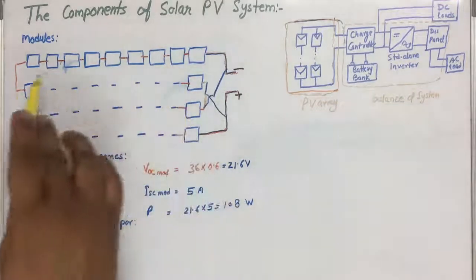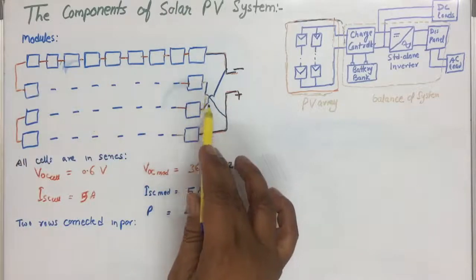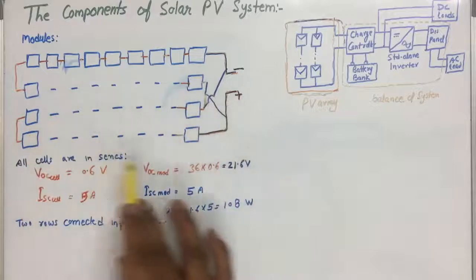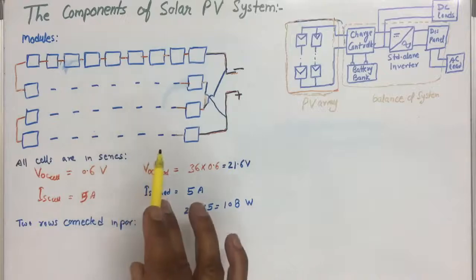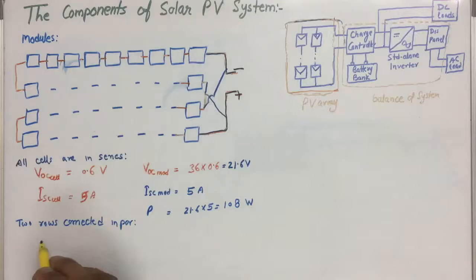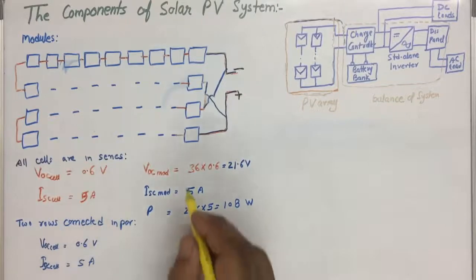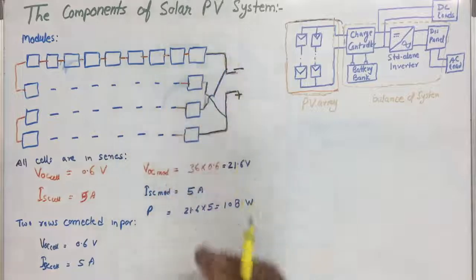In one row there are 9, two rows up to here they are in series, and for this 18 is in series. So 18 and 18, two rows are there, 18 connected in series and the two individual rows connected in parallel. The open circuit voltage of the cell will remain as it is, because that is the cell specification. I have changed the connection in this to save time.